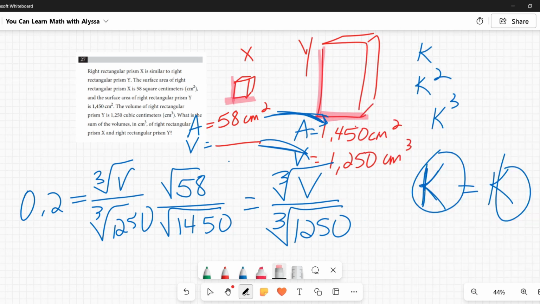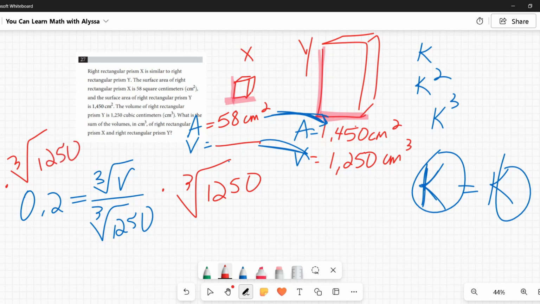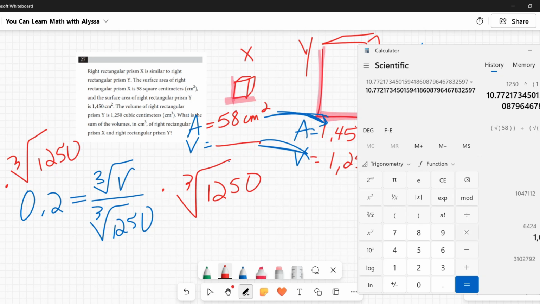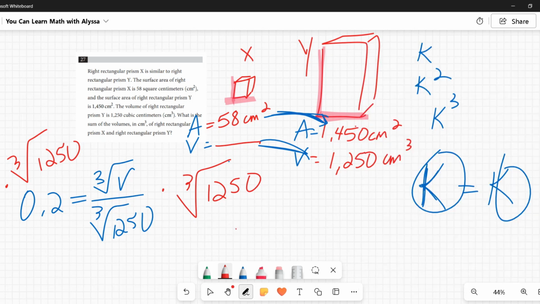I'm going to multiply both sides by the cube root of 1,250, and go back to my little calculator here. So multiply by 0.2. Okay, so 2.15, etc. So approximately 2.1544 is equal to the cube root of v.